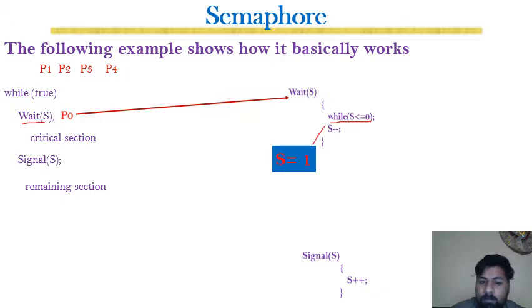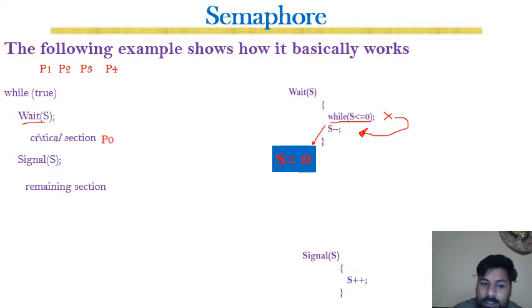But you can see here that the value of s is not 0, so this condition becomes false. And if the condition becomes false, then it moves ahead to the next step, that is s minus minus, and this way the value of the semaphore is decremented and the control is returned. So the new value of s will become 0, and control will be returned to P0, and P0 is allowed to enter the critical section.